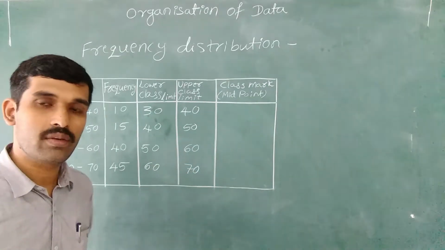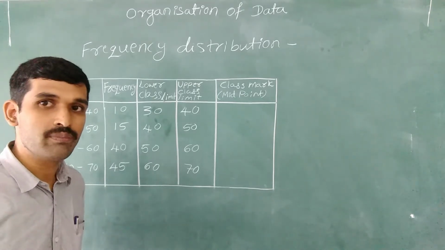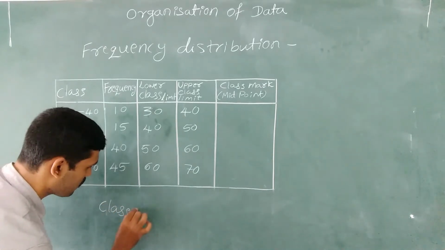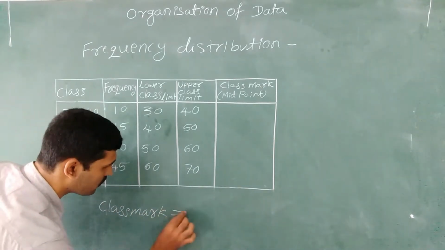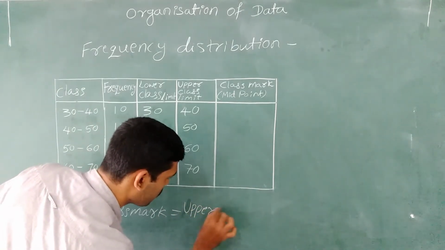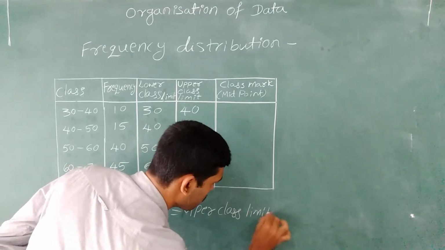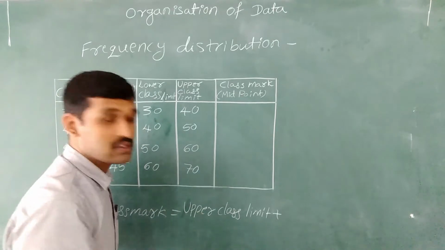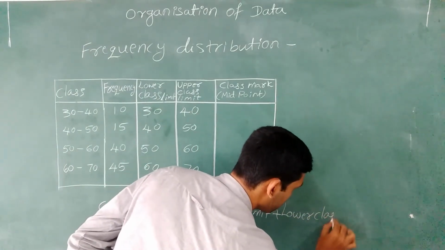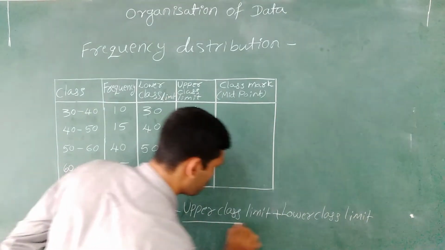While finding class midpoint, we are using a formula: class mark is equal to upper class limit plus lower class limit divided by 2.